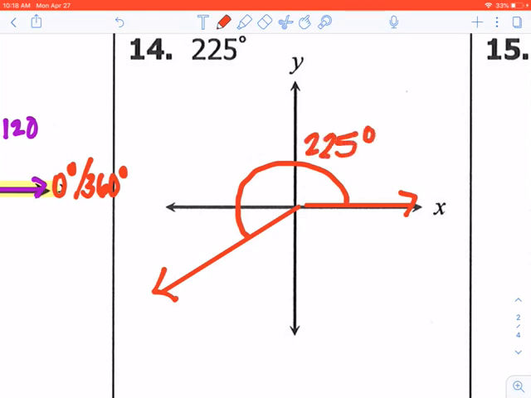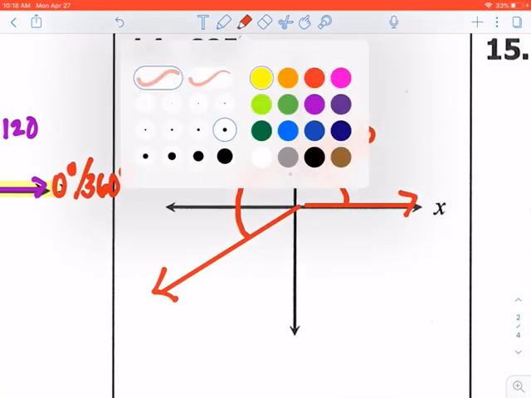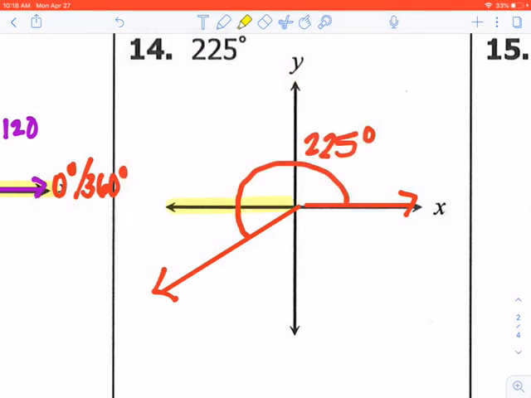Now, I want to know what the reference angle is. My reference angle is always going to come from the x-axis. And so my reference angle is going to be this angle right in here. Let me actually do a different color. That is formed with the x-axis closest to it.